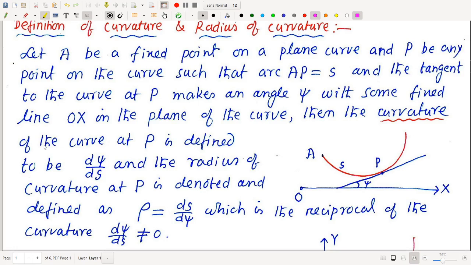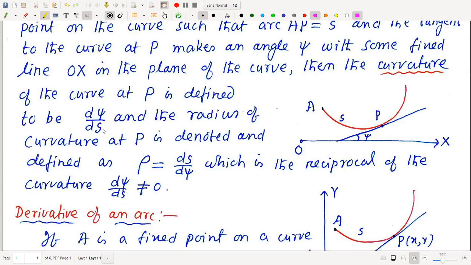Then the curvature of the curve at P is defined to be d psi by ds, the derivative of psi with respect to s, and the radius of curvature at the point P is denoted and defined as rho equals ds by d psi, the derivative of s with respect to psi. It is the reciprocal of the curvature, provided the curvature is not 0.